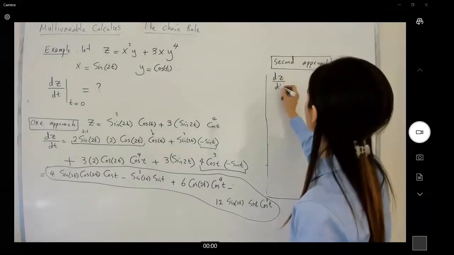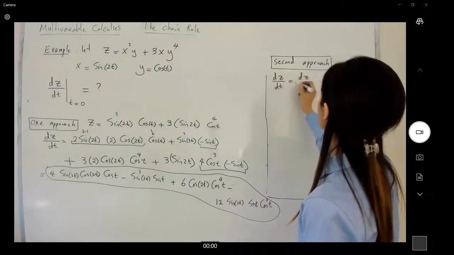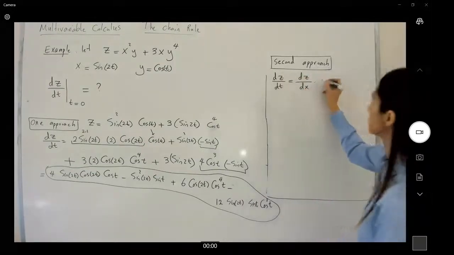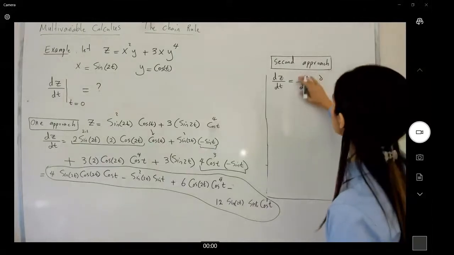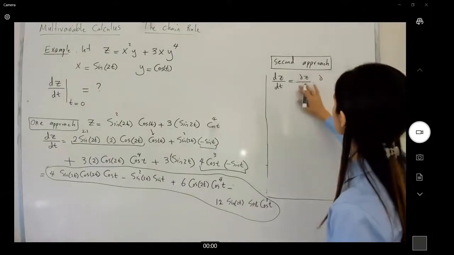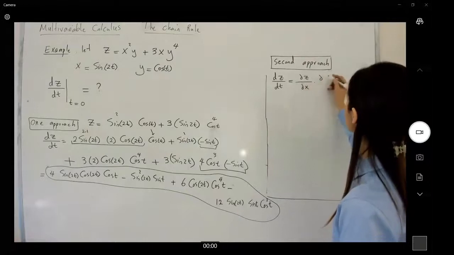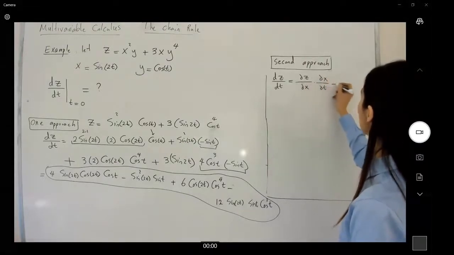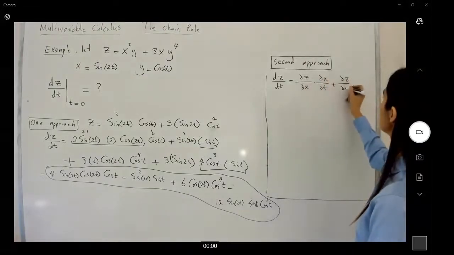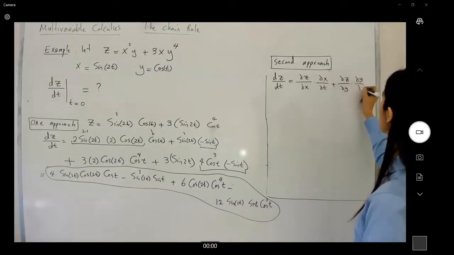dz/dt is dz/dx times dx/dt, using the partial ones, plus dz/dy times dy/dt.